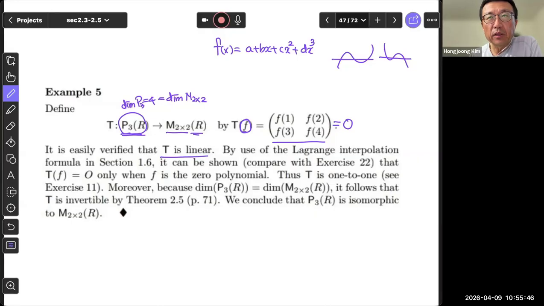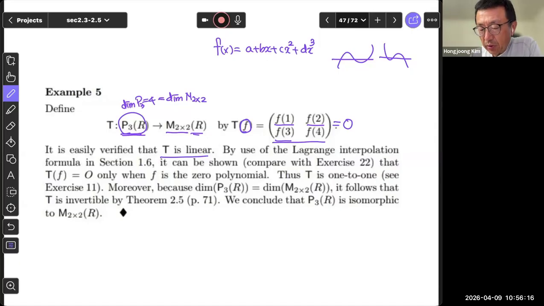If I assume that the image of this mapping is 0, then that means f1 is 0, f2 is 0, f3 is 0, f4 is 0. That means my function f goes through the x-axis at 4 points, not 3. That happens only when your f is identically the 0 function.